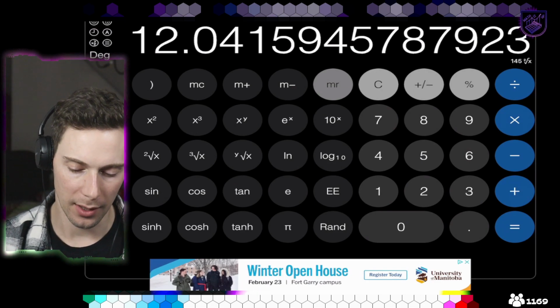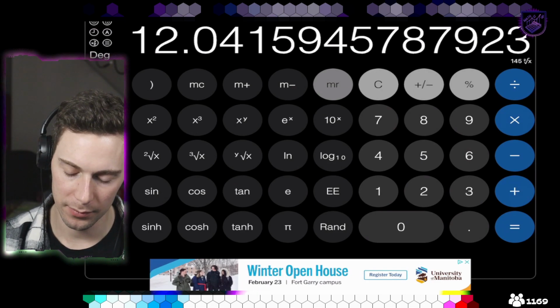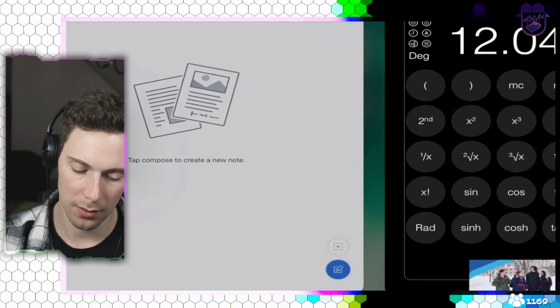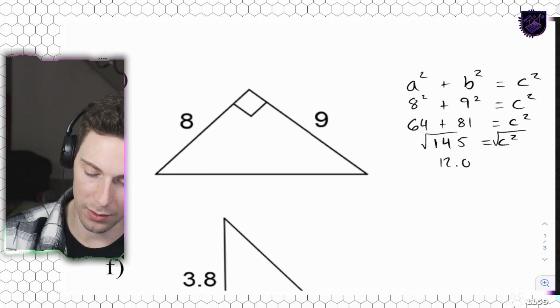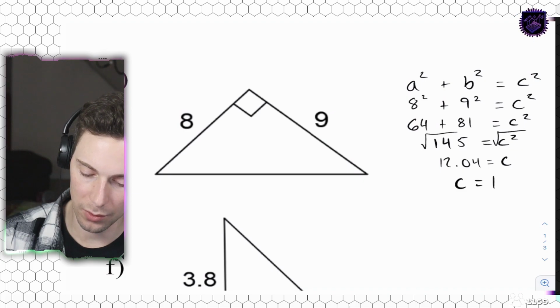So I'm going to write that out. 12.04. And so the square root of that is going to be 12.04. So c is equal to 12.04.